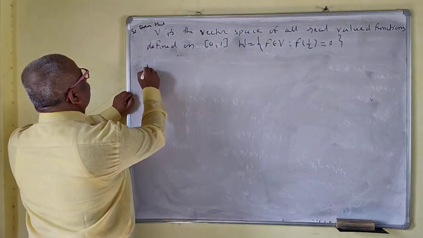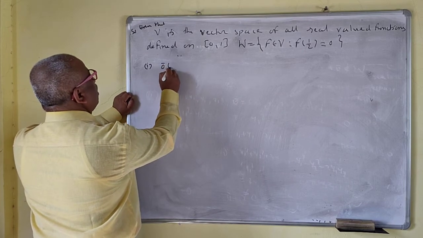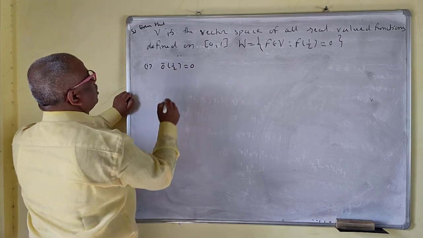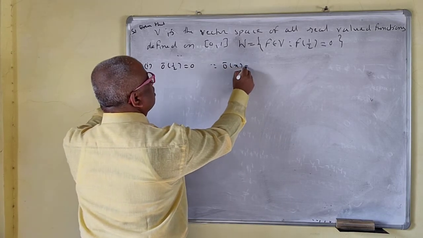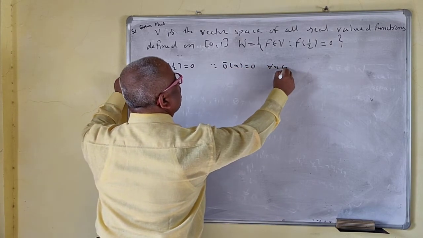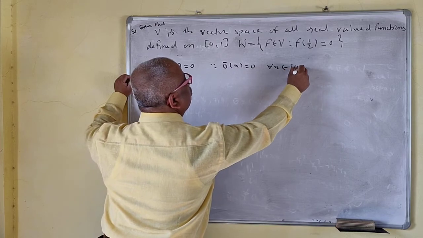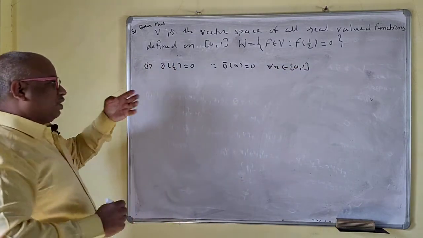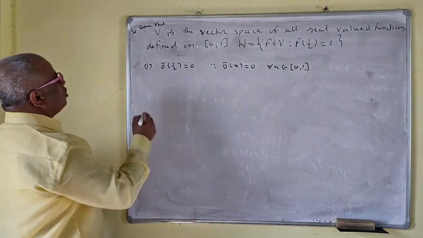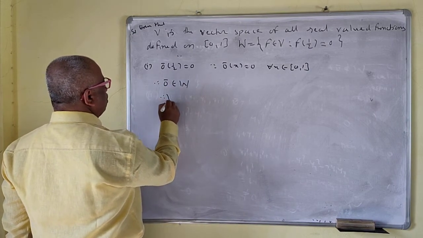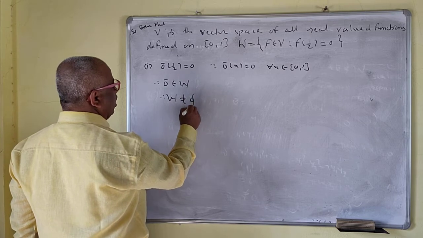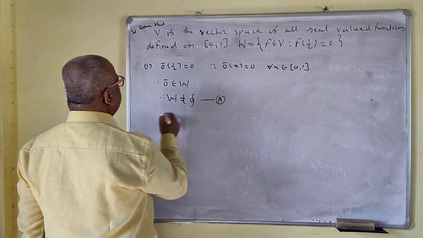Now 0 bar of half is equal to 0, since 0 bar of x is equal to 0 for all x belonging to the closed interval 0 1. This is the 0 function. Therefore 0 bar belongs to W, so W is not empty. We call this A.